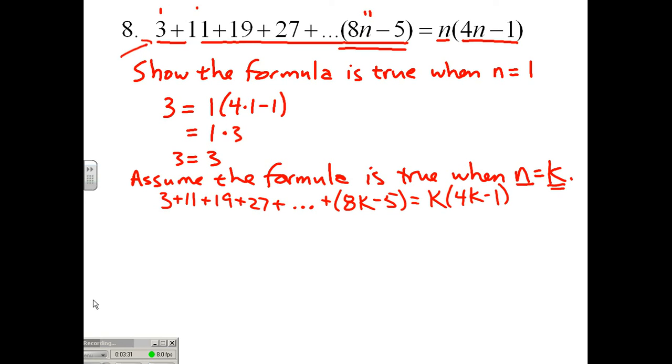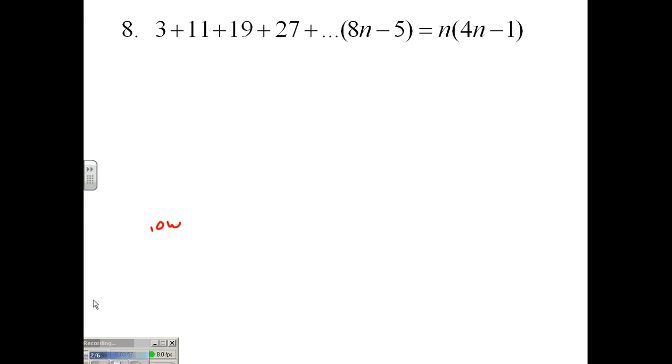Again, the original equation is for any value of n, and we're hoping that's true. This is for a specific value k, a specific domino tips, and we can assume it's true because one of the dominoes tipped. So our goal is to show that if a domino tips, it leads to the next domino tipping.